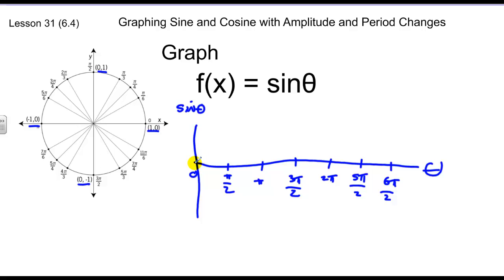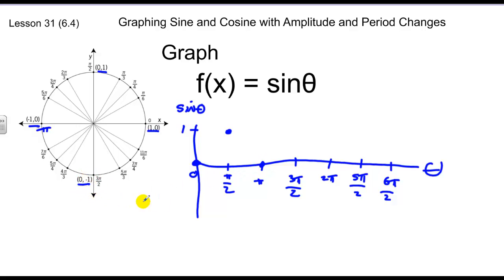Now I'm going to plug in 0 to the sine of theta. What is the sine of 0? Well, I'm looking for the y value. That's 0. What's the sine of pi over 2? I'm looking for the y value. That's 1. What's the sine of pi, which is right here? Sine of pi is just going to be 0 once again.